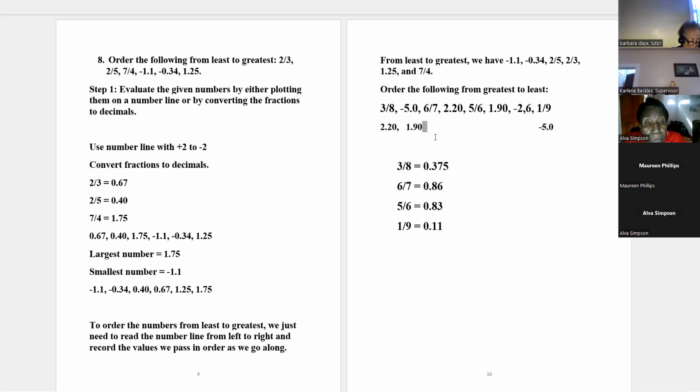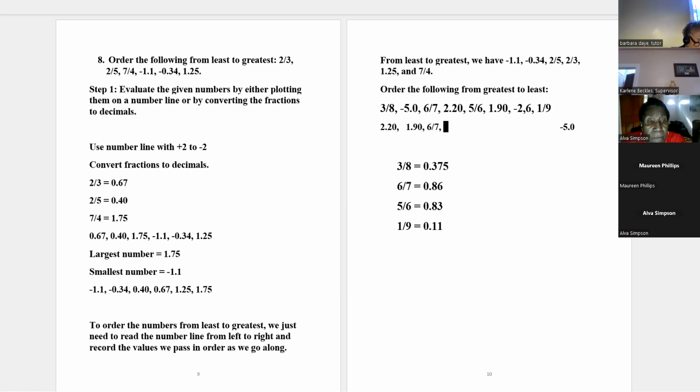Which one, Alva? Not 5.0. No, your next fraction. The next biggest fraction. 0.375? No, the next biggest, Maureen. Okay. The next one is going to be 6 over 7. That's 0.86. Yes.